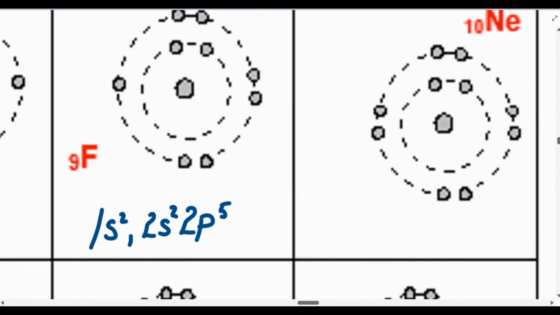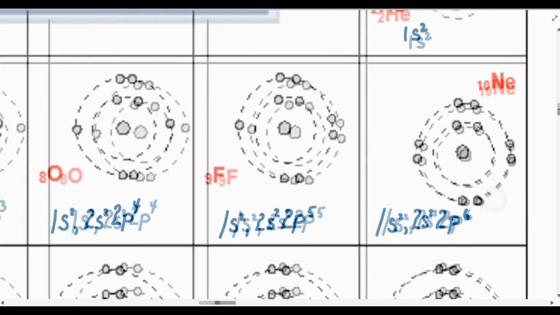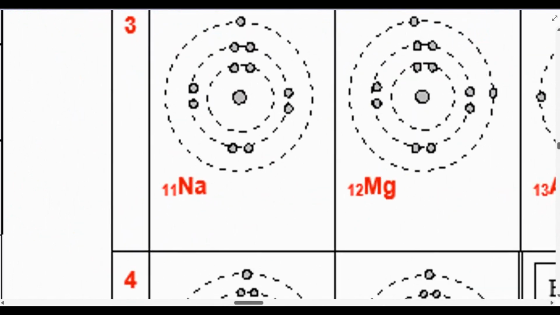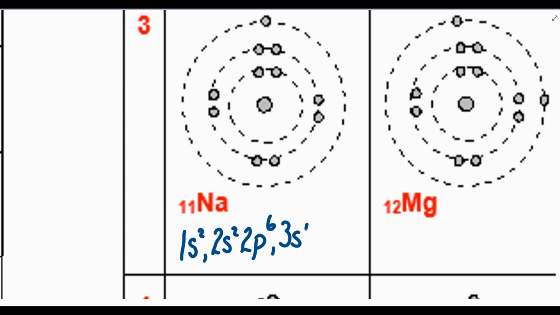And for neon, we'd say the electron configuration is 1s2, 2s2, 2p6. Let's do sodium next. Sodium's electron configuration, there's a total of 11, right? So we could write this as 1s2, 2s2, 2p6, and 3s1.